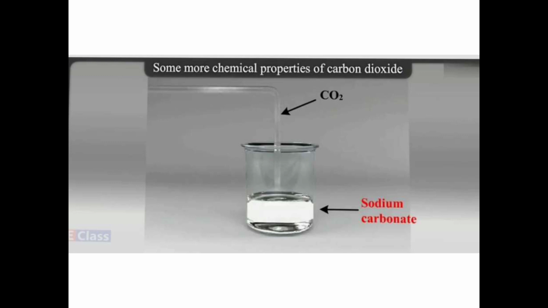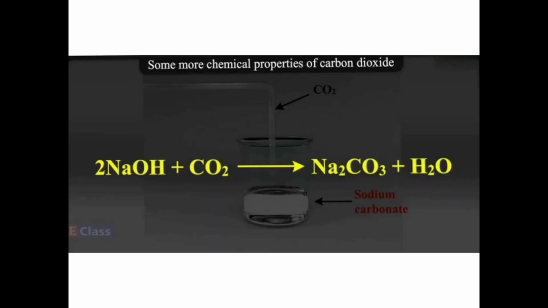Sodium carbonate का मतलब washing soda. So what reaction will you get? 2NaOH plus CO2 gives you Na2CO3 plus H2O. So the chemical equation you can present in this manner, right? So carbon dioxide किसके ऊपर से है? Through the solution of washing soda, sodium hydroxide.